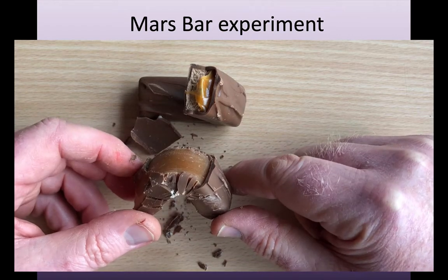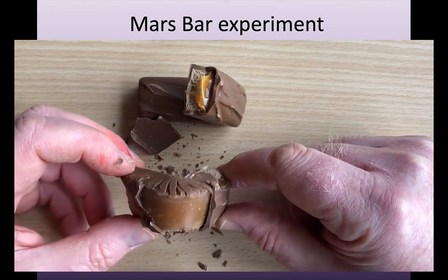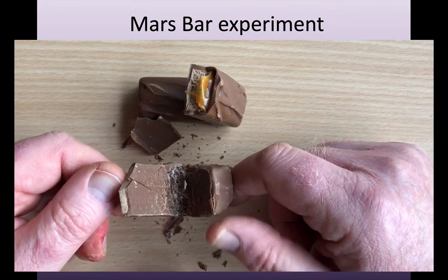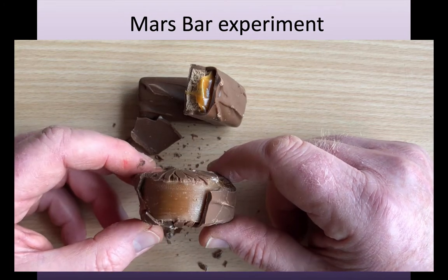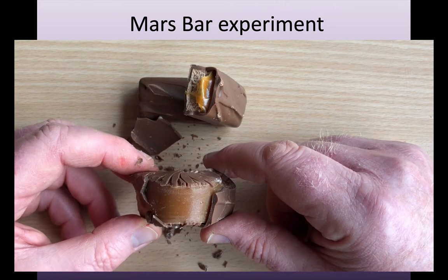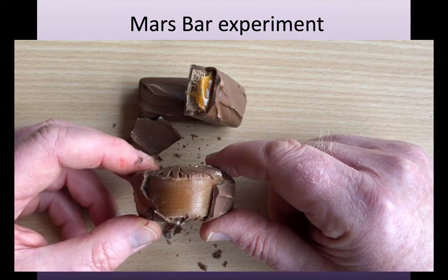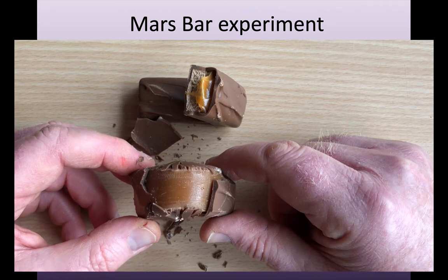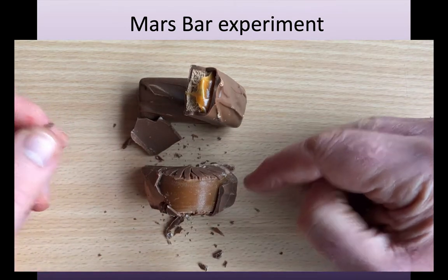The chocolate, you notice, has deformed in quite a similar way, although we can see perhaps the effect of tension at the top and compression at the bottom. The caramel, though, has really behaved quite differently. How is that deformed compared to the first one? What do you think is different between these two Mars bars?